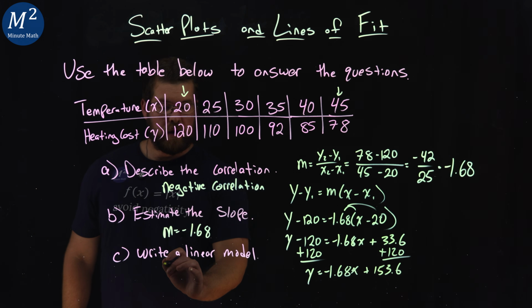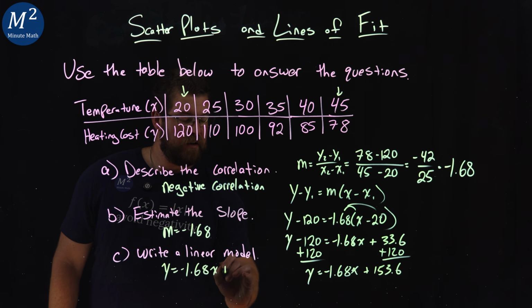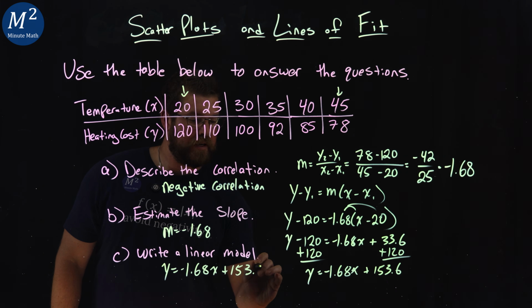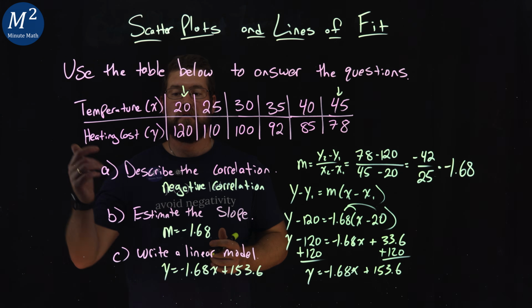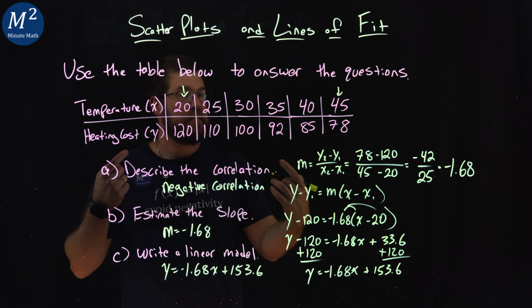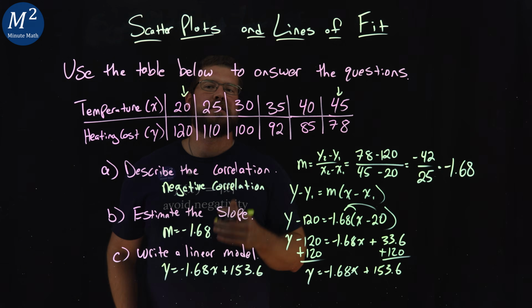And so our linear model here, y equals negative 1.68x plus 153.6. So we were given a table here of temperature to heating costs. We described the correlation, we estimated the slope, and we found a linear model that roughly matches the table.